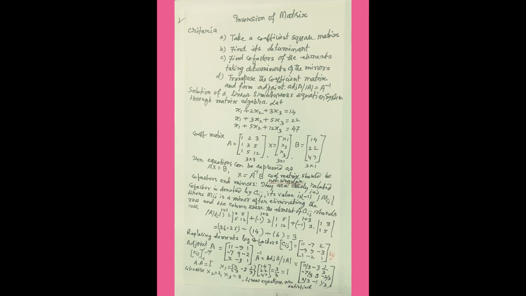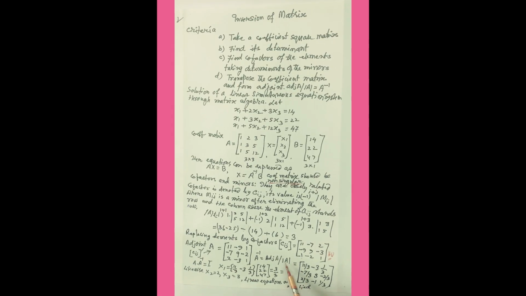So what is A inverse? Adjoint divided by determinant. So adjoint divided by 3, each element should be divided by 3. By doing this, we find x1 is equal to 11 by 3, minus 3 and 1 by 3 after dividing, multiplied by 14, 22, 47.